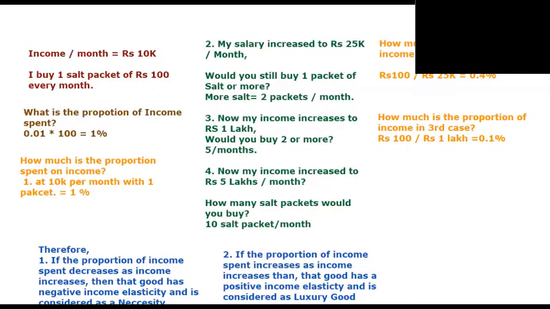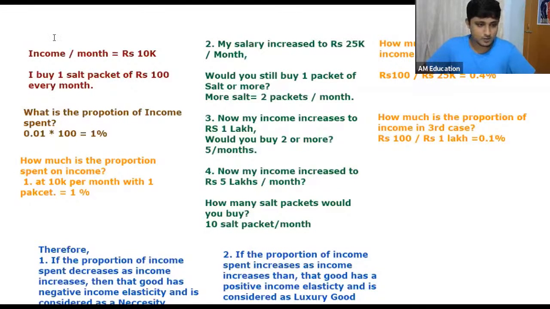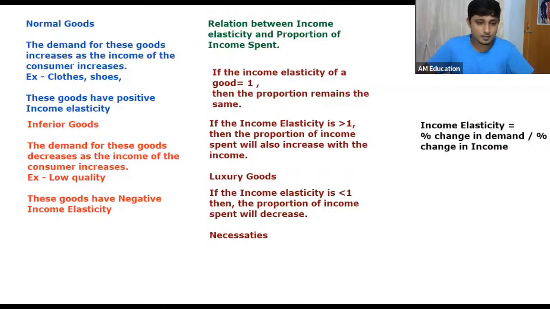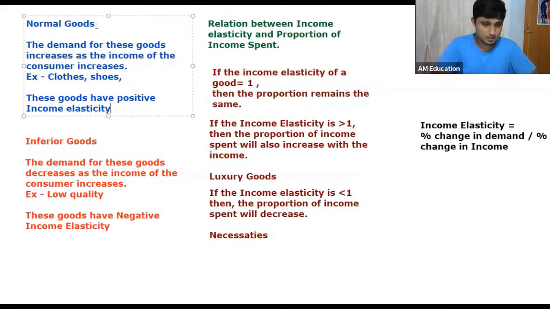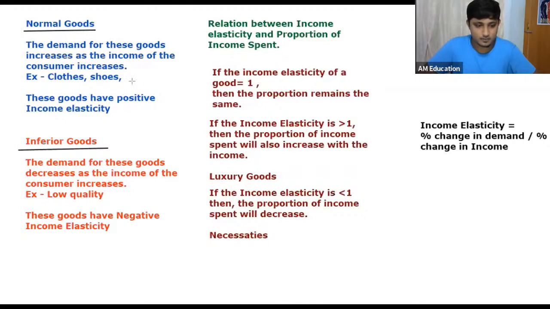So what did we learn? We learned what is a normal good. We learned what is inferior goods. We learned what is positive income elasticity, and what is negative income elasticity.